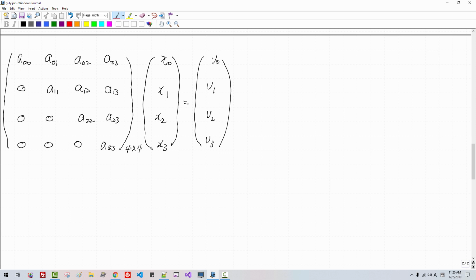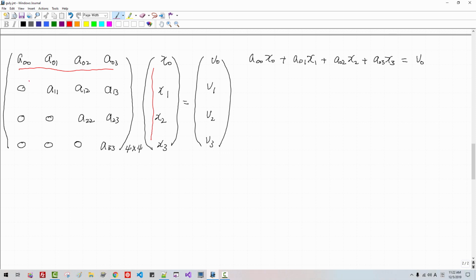If we perform matrix multiplication, first row, first column, then we have A00 X0 plus A01 X1 plus A02 X2 plus A03 X3 equals V0.